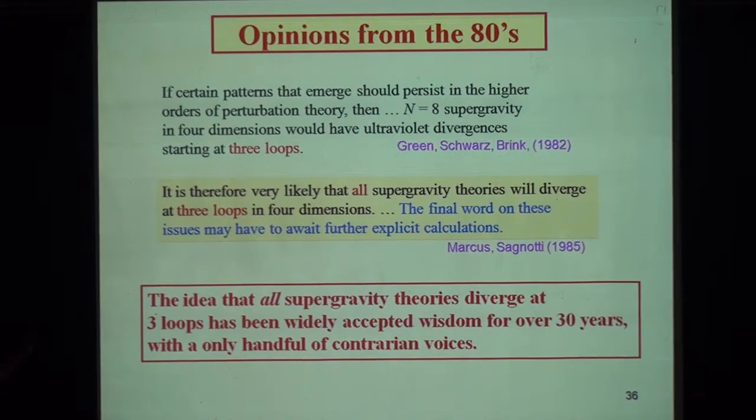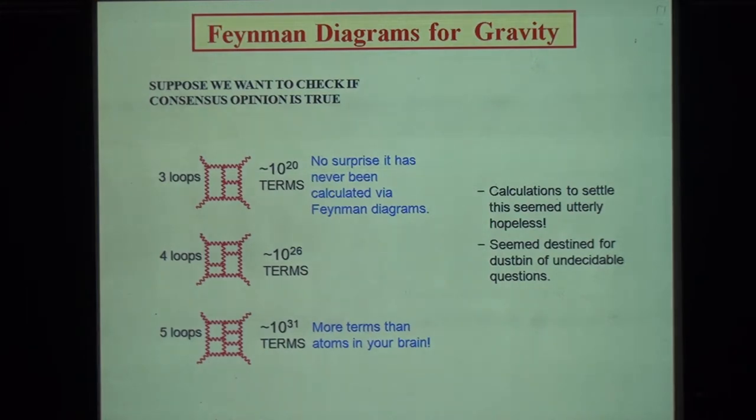This is as best as they could do. Based on the patterns they could see, they couldn't find any more cancellations. So it looked like the fact that Newton's constant is dimensionful causes an ultraviolet divergence, and then the theory would not be consistent as a fundamental theory. That was the logic. So why didn't people calculate it?